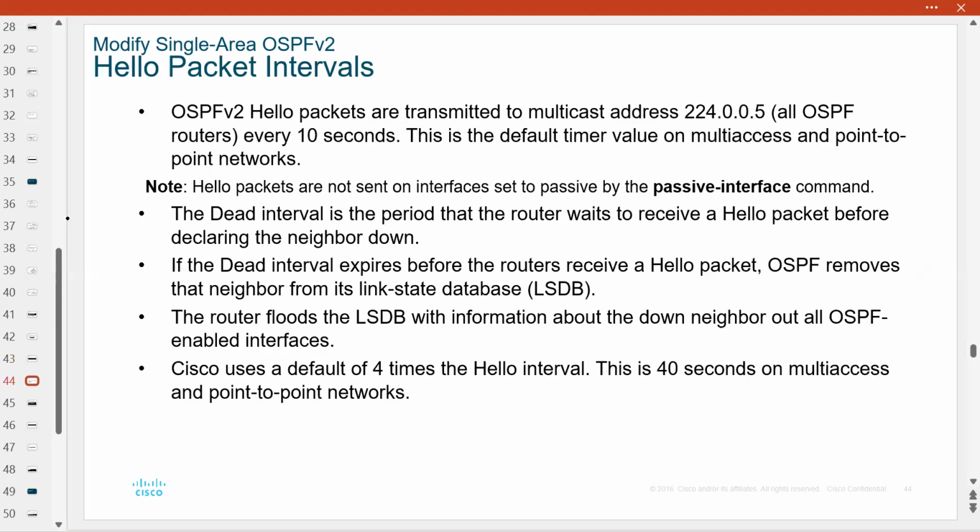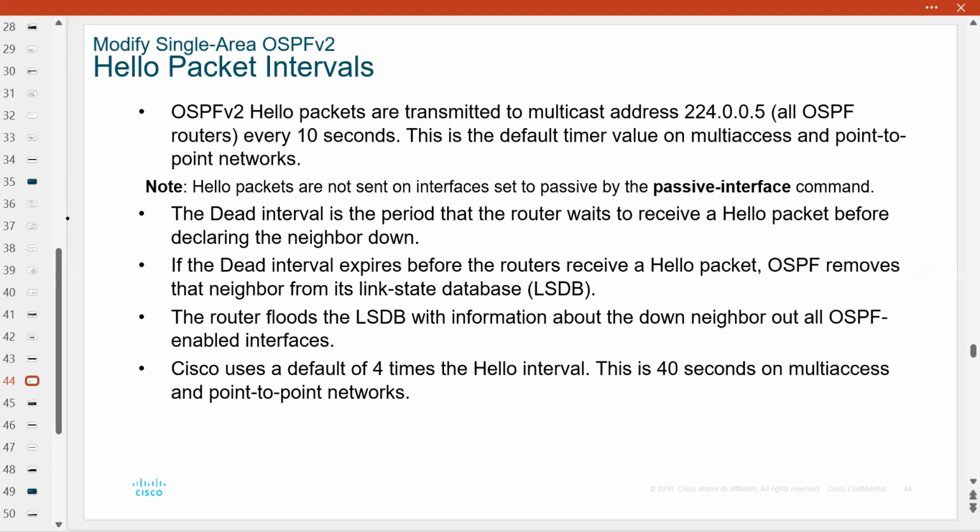Hello packet intervals. OSPF hello packets are transmitted to multicast address 224.0.0.5 every 10 seconds. This is the default timer value. Hello packets are not sent on interfaces set to passive. We did that.